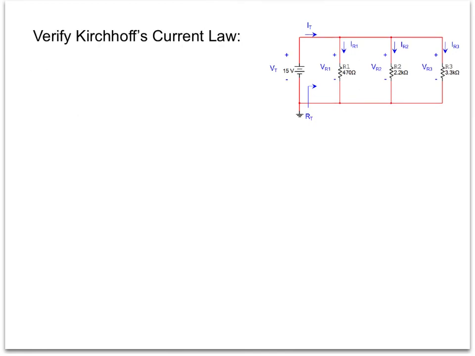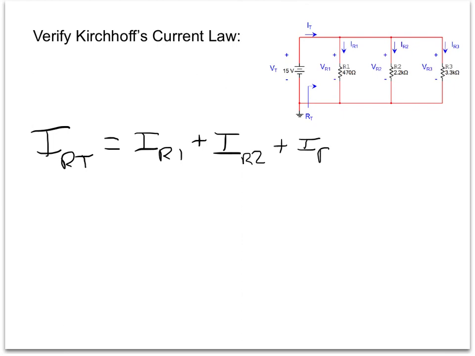Verify Kirchhoff's current law. The current law once again says the following: the total current equals the sum of the current across each component. We figured out that the total current was about 43.3 milliamps. We were rounding.